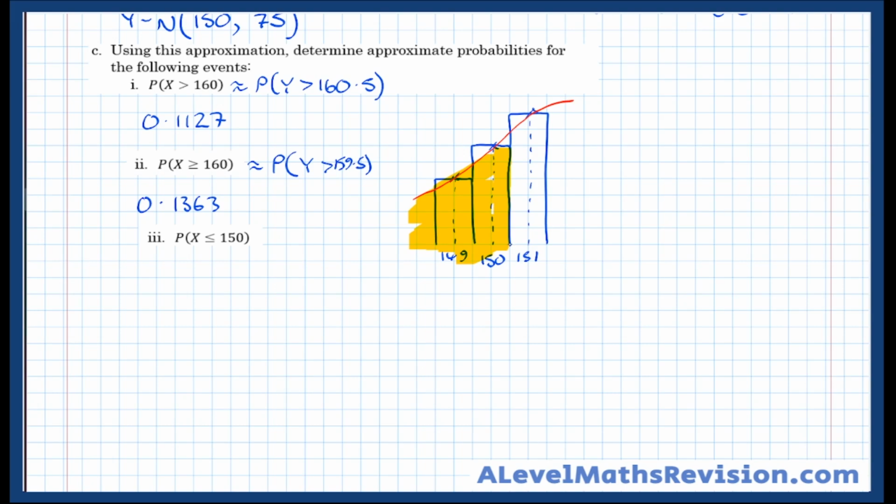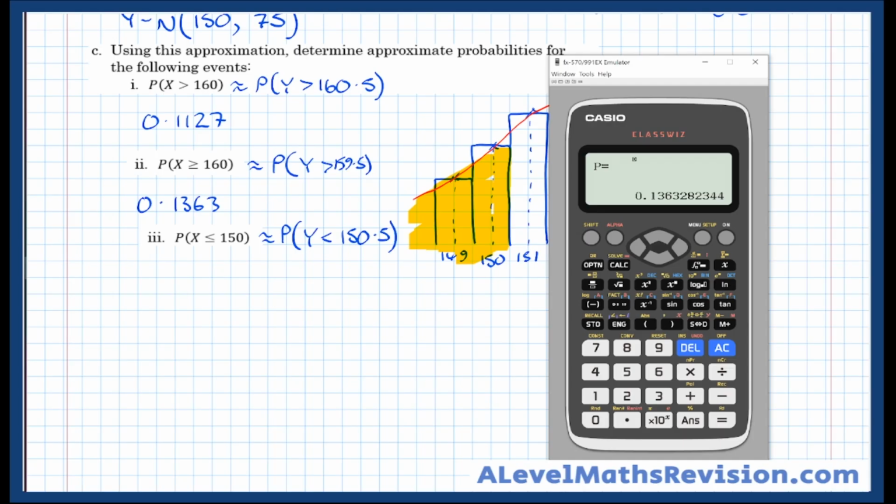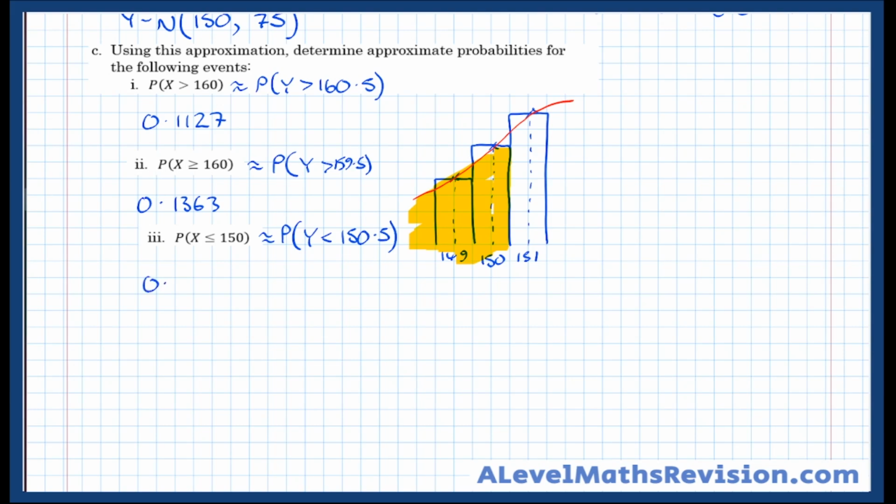But to include all of the 150 bar, we'd start at 150.5. So this one, probability that y is less than 150.5 in normal distribution terms. So lower bound this time is negative infinity, upper bound is 150.5, same variance and mean, 0.5230.